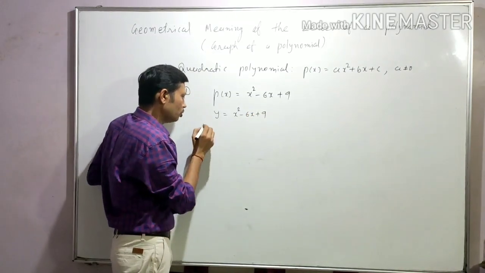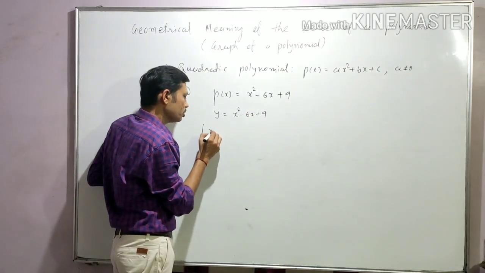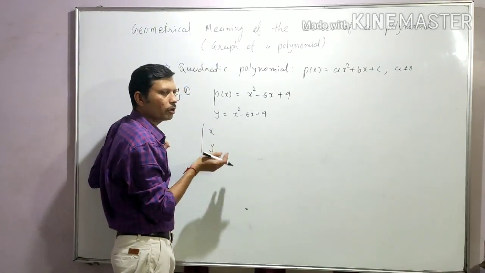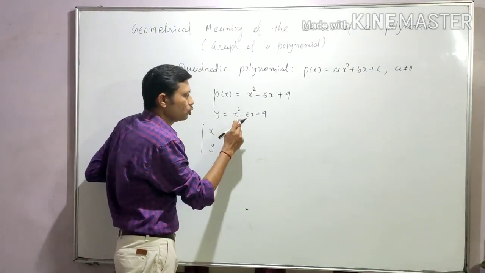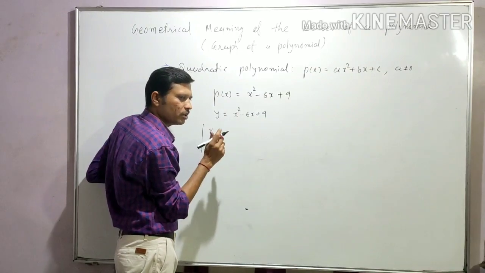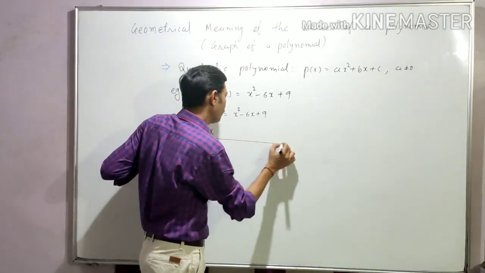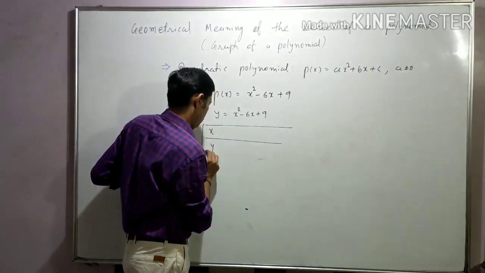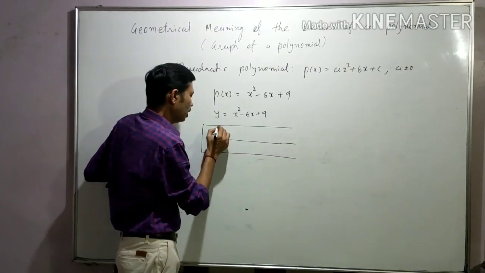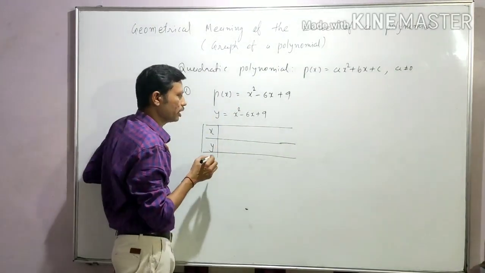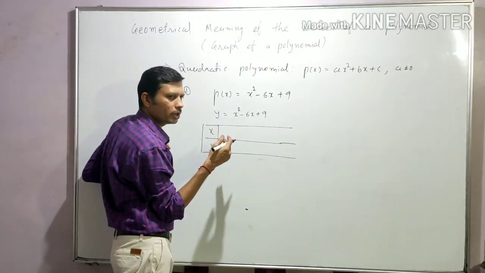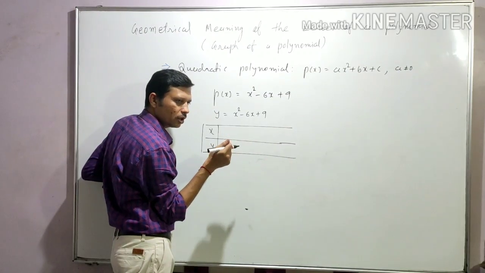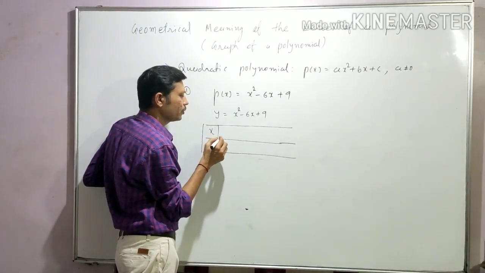Now we need some values of x, and according to that we can get the value of y. So different values of x we will assume here, and according to that the value of y we will get. Let's see how many values are required. Here in the quadratic we require some more points to plot the graph properly.